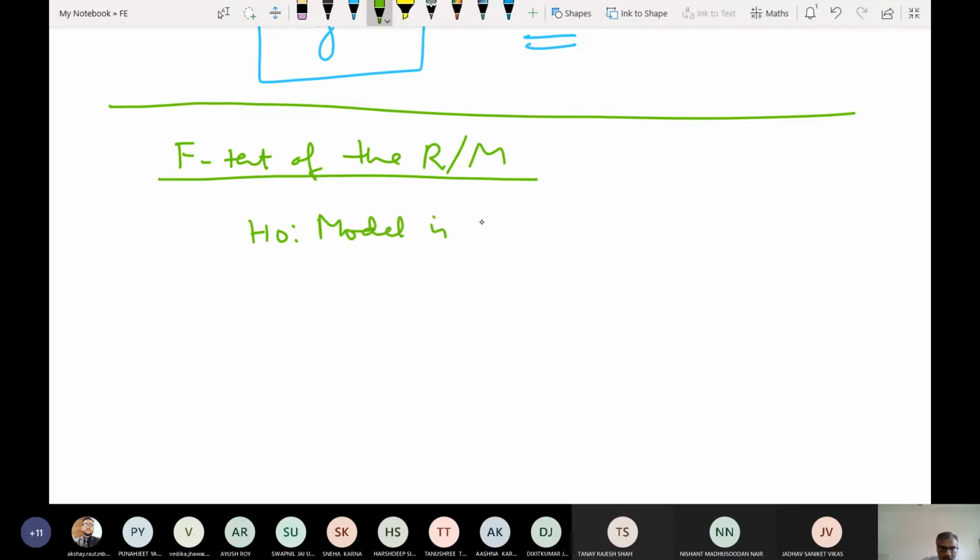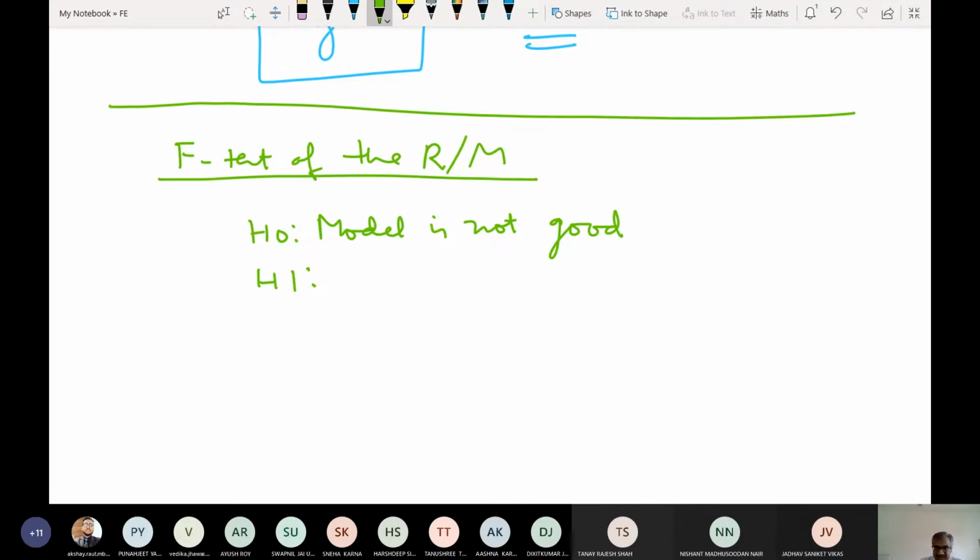model is not good. You remember I've discussed that the null is either no difference or no association. So this is again a null of no difference. Model is not good means it's as good as beta 1 is equal to 0. That type of null is there.